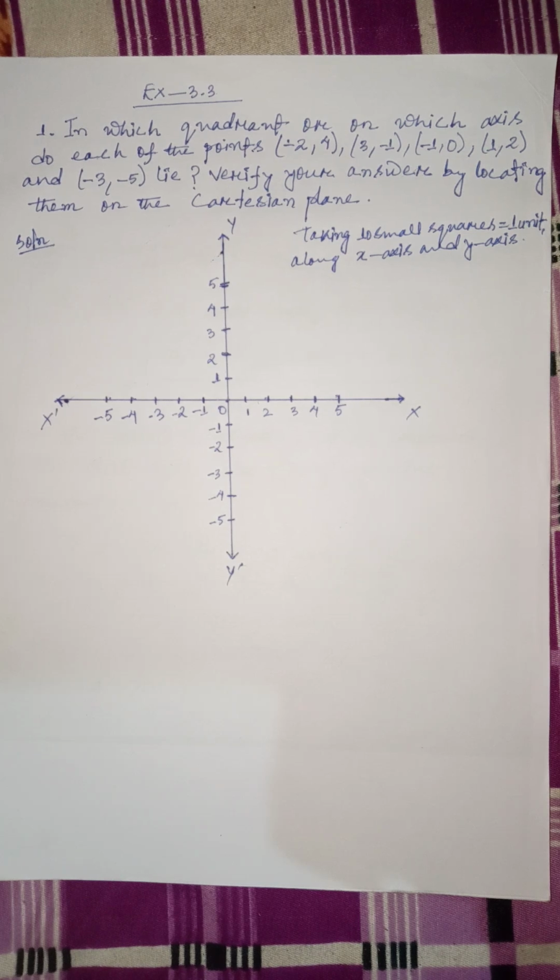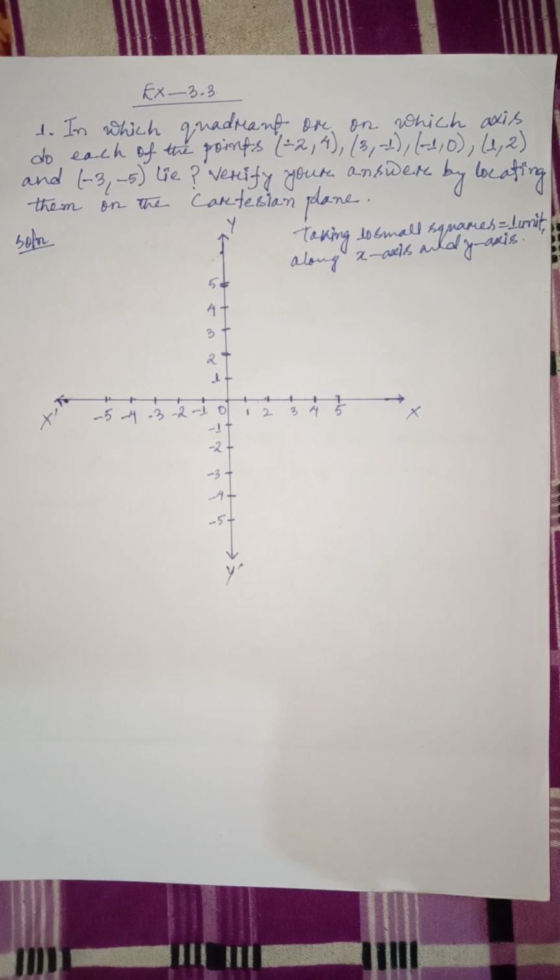First, what the question has asked us is that whatever points are given to us, we have to put them in this Cartesian plane. Actually, this Cartesian plane is not given to us. You have to draw it, or we have to draw this by ourselves.